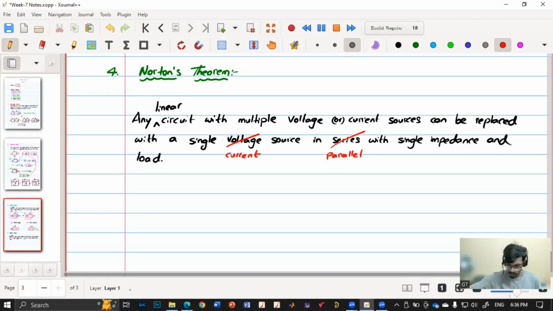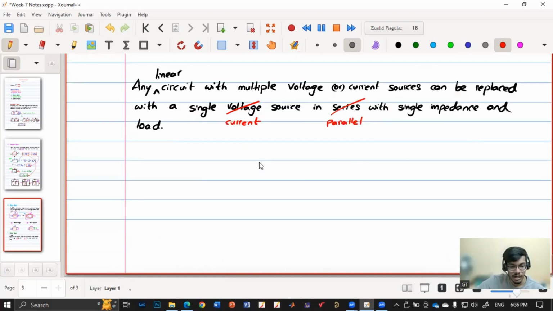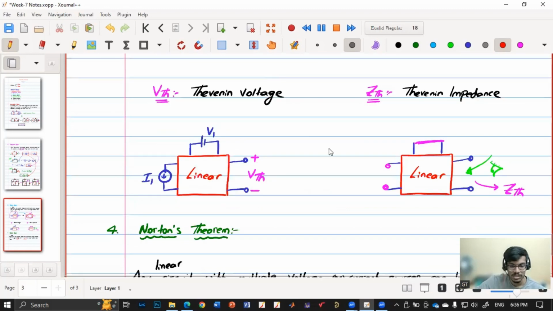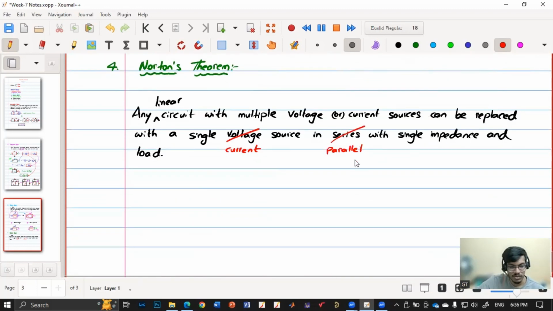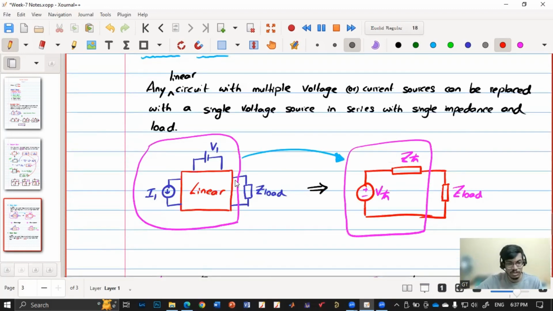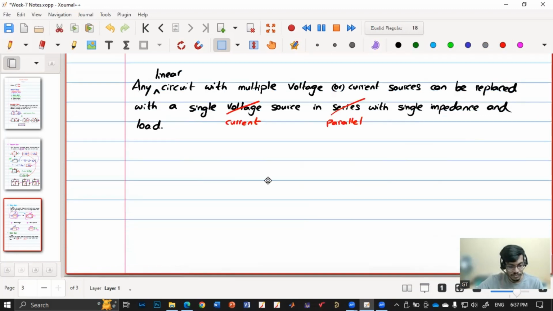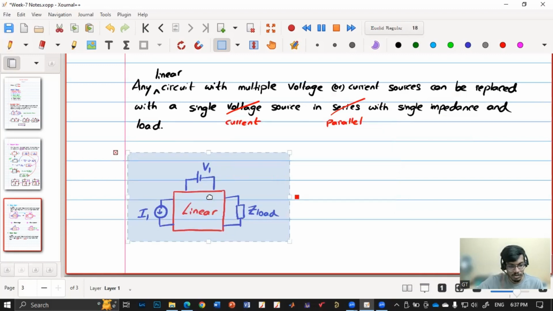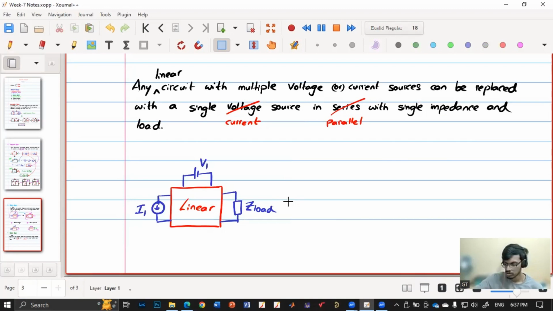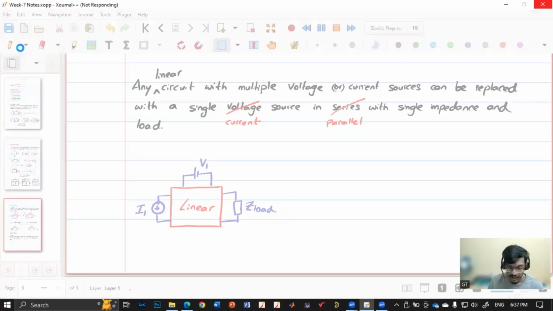The voltage source we called Thevenin voltage; similarly, the current source we'll call the Norton current. This impedance is the Thevenin impedance, and this one we call Norton impedance. We'll see what Thevenin impedance and Norton impedance are, and then you will understand. I'm considering the same circuit, since the theorem is applicable for any circuit.